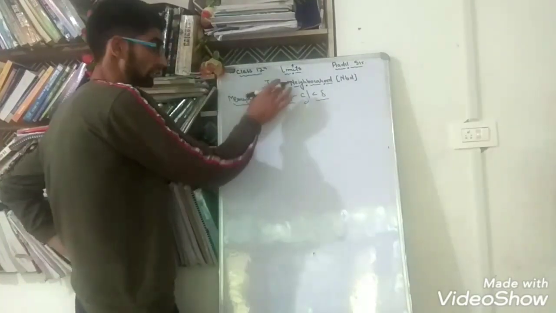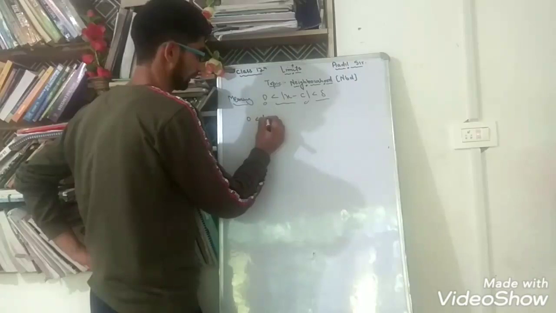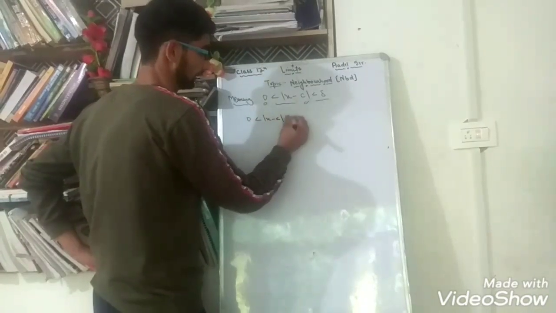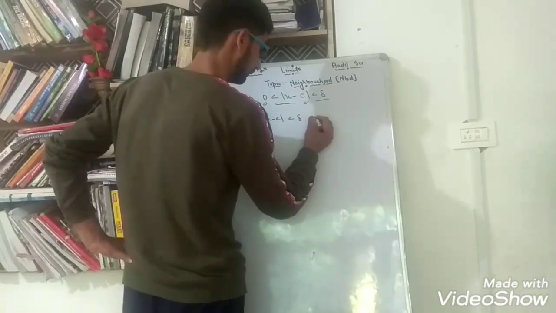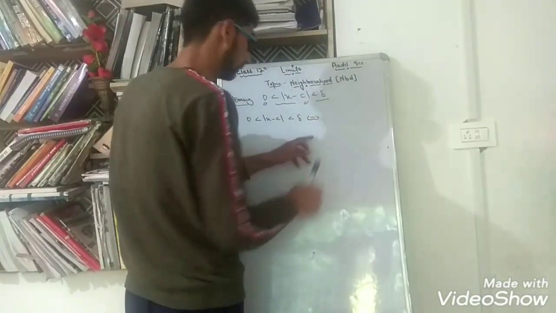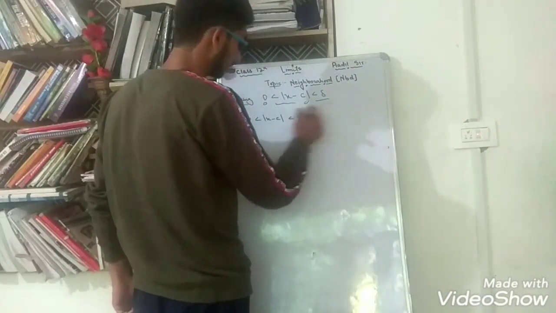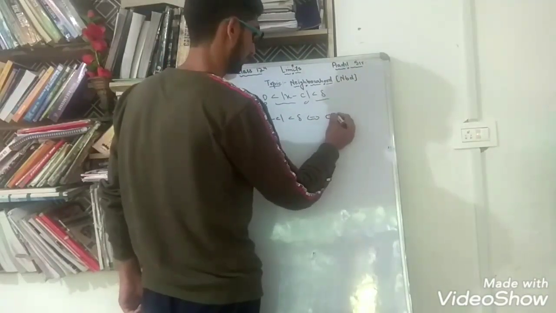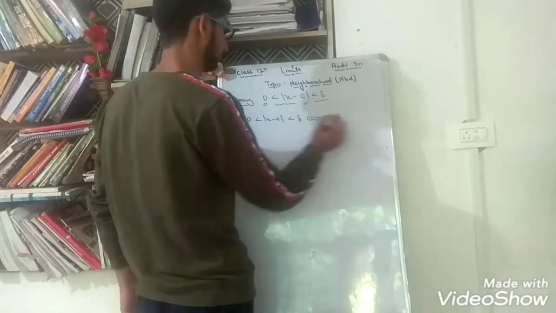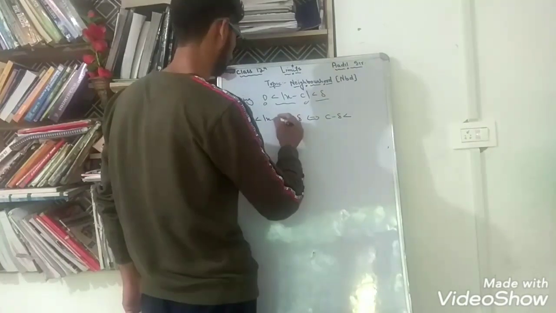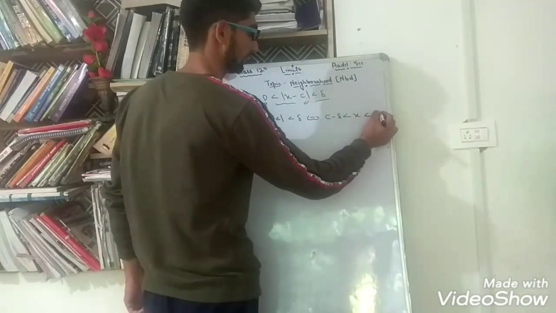We know that this condition prevails if and only if C minus delta is less than x less than C plus delta.